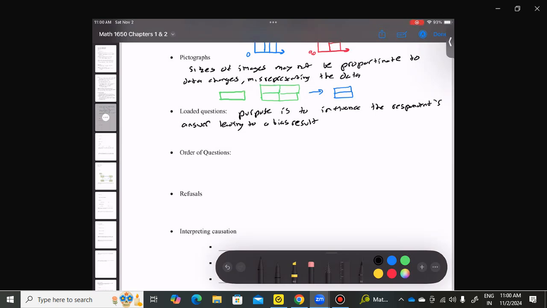Order of questions can be an issue. The sequence of questions can lead to bias and influence later answers.